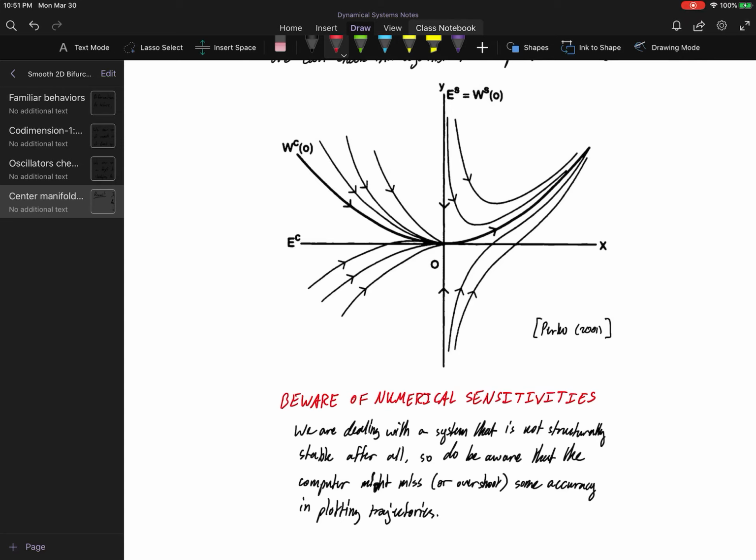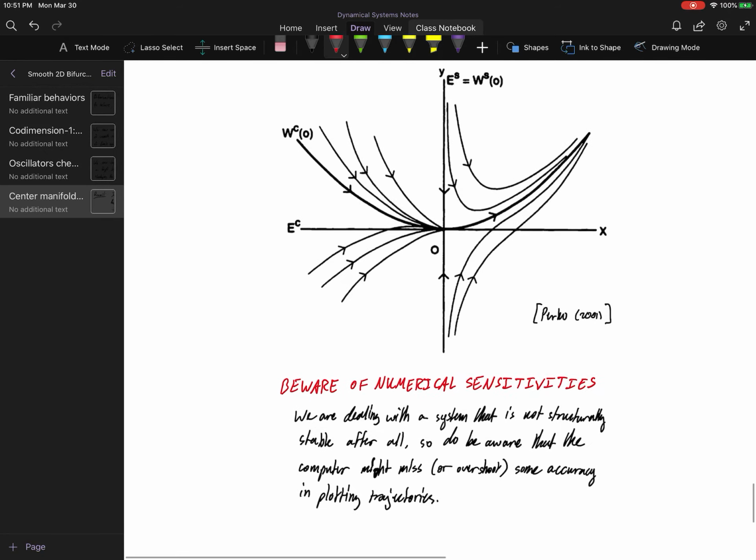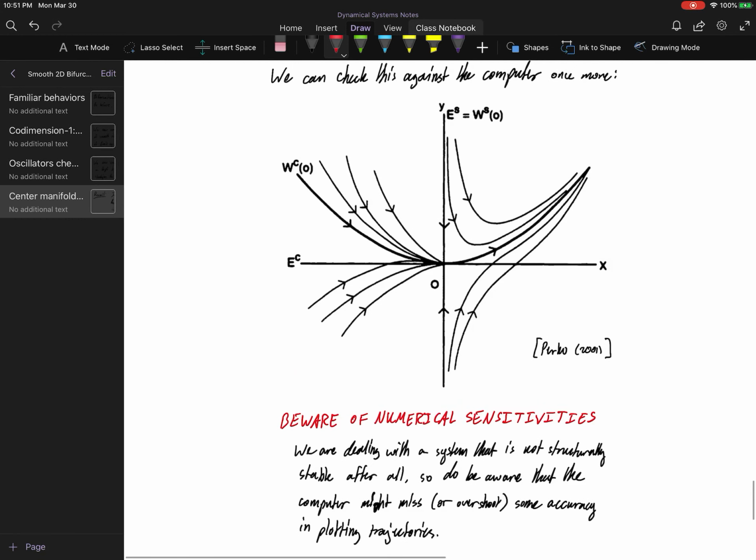Usually Runge-Kutta methods are pretty robust in that sense, that if they do miss something, it's going to be minor and it should kind of recover. But man, it's a hard thing to do in a computer, hard thing to do accurately. So again, this is because we're dealing with something that is not structurally stable, right? So I digress. That's all that I want to talk about for the center manifold theory.